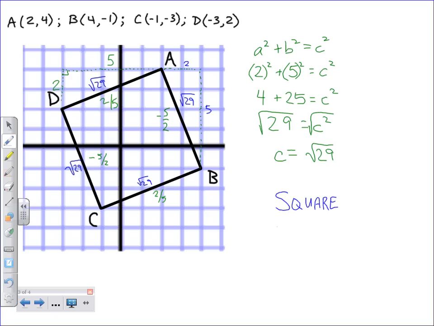And why do we know it's a square? We would say both pairs of opposite sides are parallel. All sides are equal.